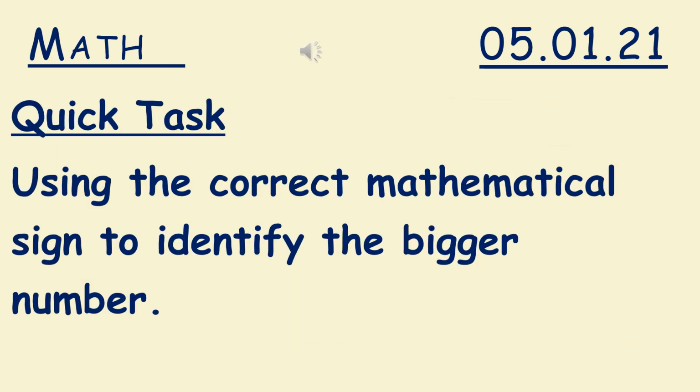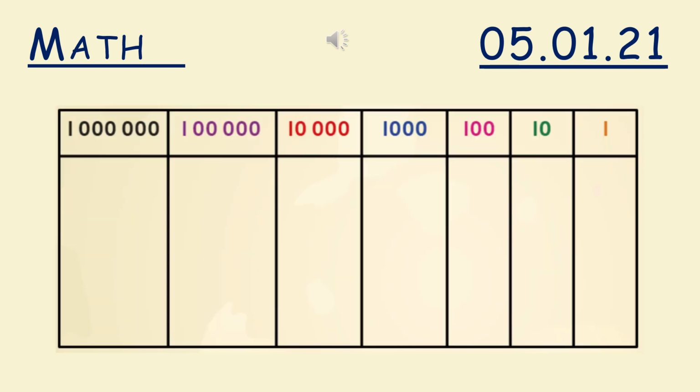Time for a quick task. Use the correct mathematical sign to identify the bigger number. Pause the video and give yourself time to write down a new place value grid that you can use to identify whether a number is larger or smaller.